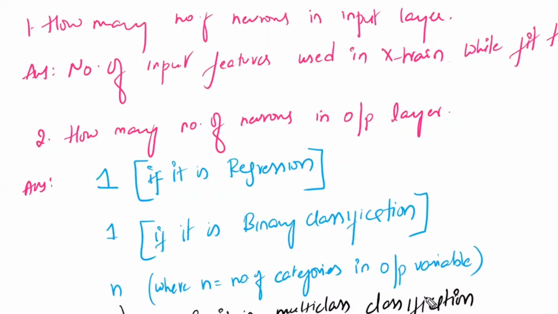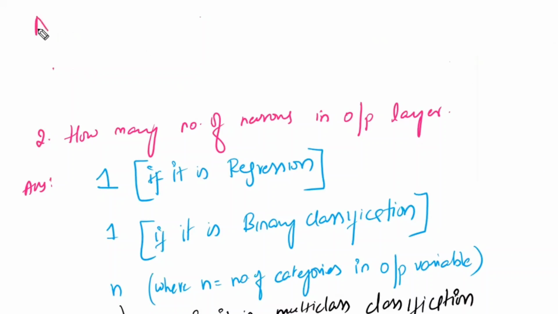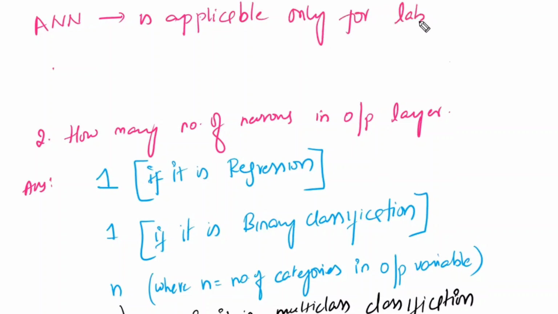ANN is applicable only for labeled data. Labeled data means the output variable is available.